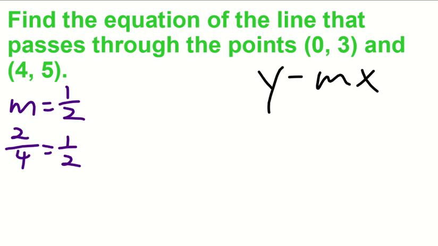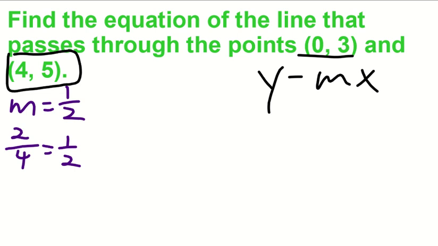Eric? 3 is correct. All right, the easiest to use is that point right there. If I do 3 minus 1/2 times 0, that's just 3 minus 0, that's 3. Okay? I'm going to use this one, though, just to show you.